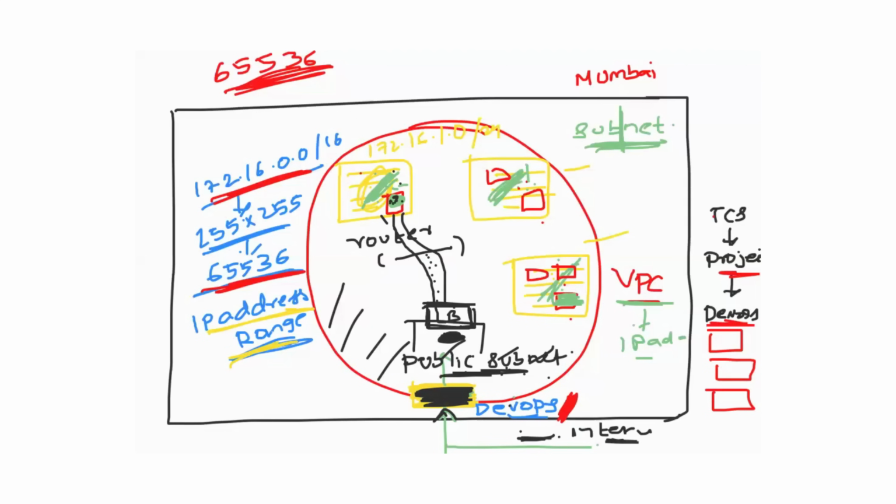Now, if the request from the load balancer has to go to the subnet, the load balancer does not know how to go to this particular thing. So for this subnet, you will create something called a route table. This route table tells the load balancer, okay, go through this particular path so that you will reach me.